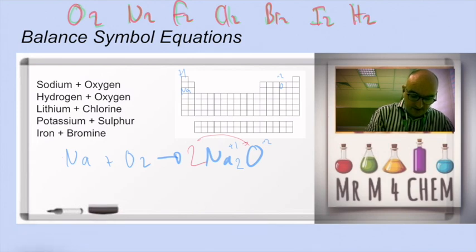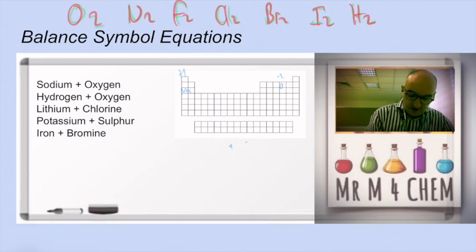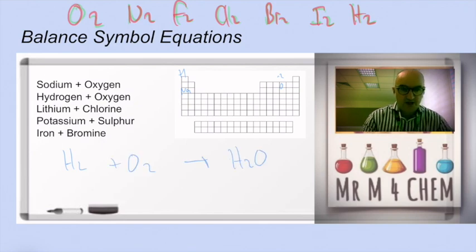Next one we can do is hydrogen with oxygen. Hydrogen is one of our diatomic gases. So we'll start with H2 plus O2 will make H2O. Clearly 1 oxygen here, 2 there. So we need 2 waters.